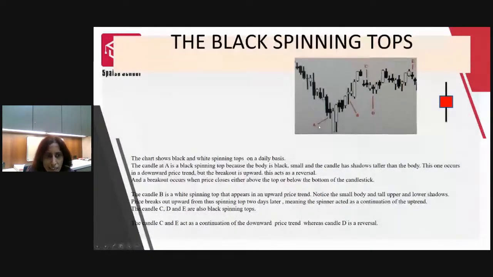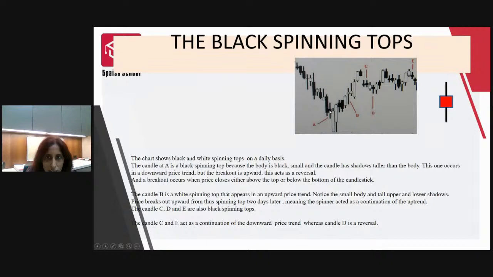So the candle at A is a black spinning top, because the body is black. As you can see, the body is black. It is small, and the candle has shadows. These are the shadows. The shadows are taller than the body. This one occurs in a downtrend. You see this?